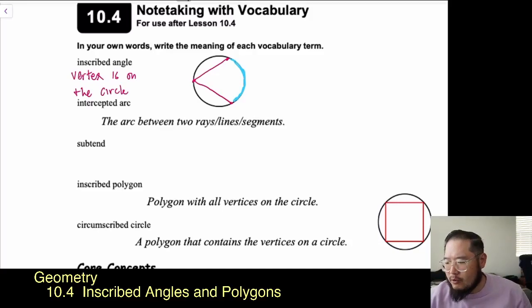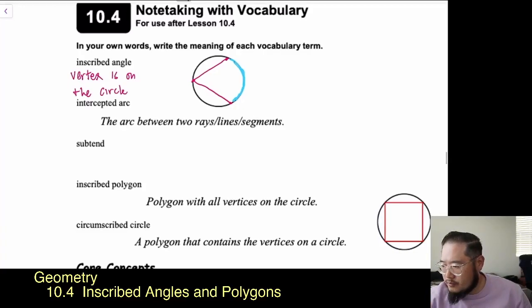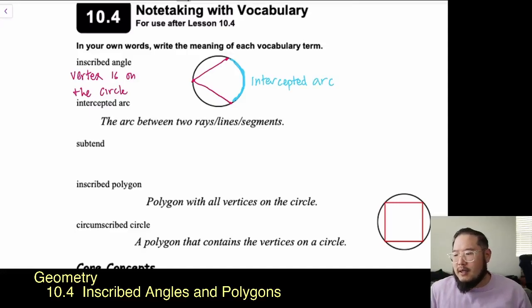And that right there would be your intercepted arc. It is between the angle. All right, easiest to put it that way.